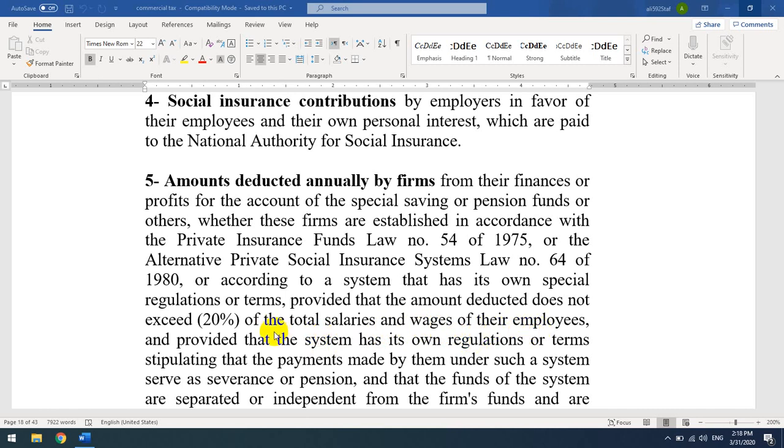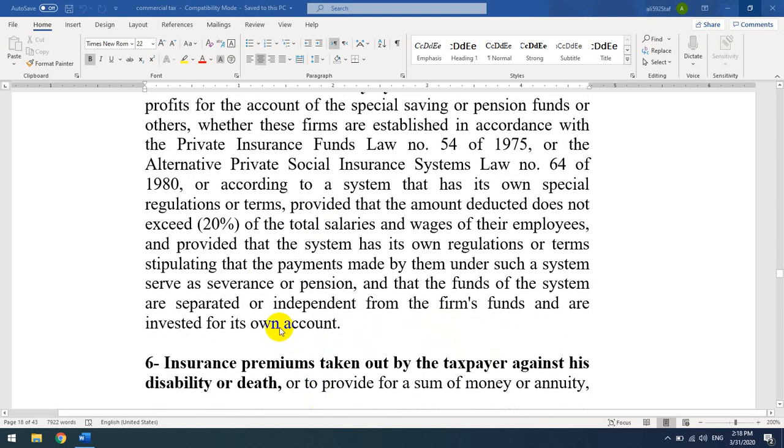Another condition is these amounts have to be invested to the benefit of the employees, separated and independently invested for their own accounts.